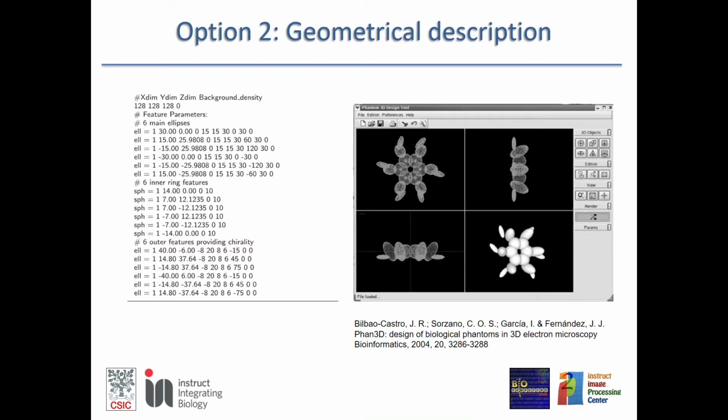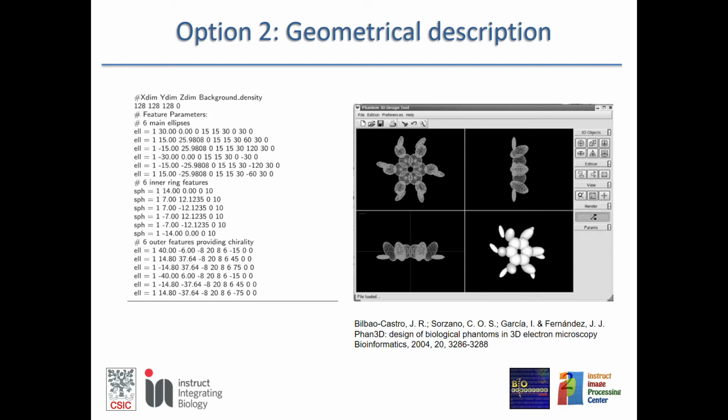Some other brave people design phantoms by themselves. You could design a set of ellipsoids and spheres and arrange them in space and use these as the initial point. This drives the process very much, but again, this depends on whether you are confident that you are able to construct such an object.